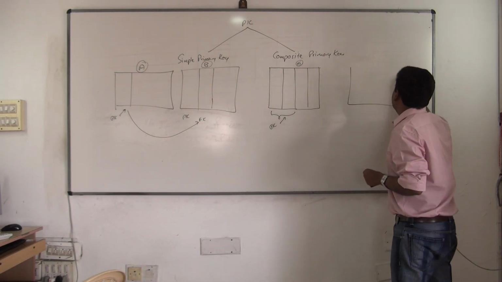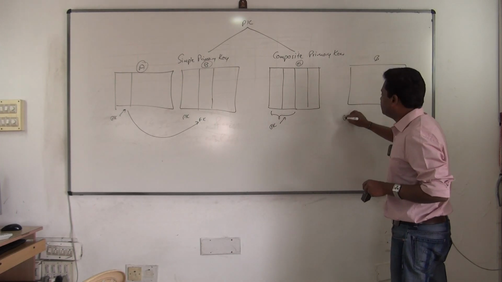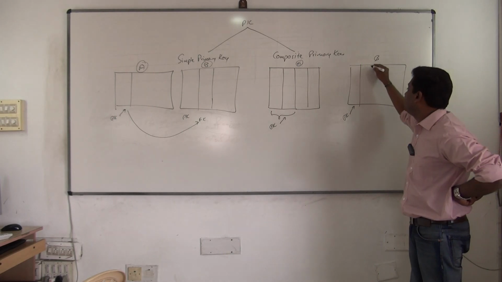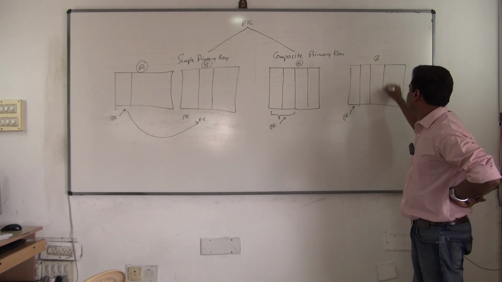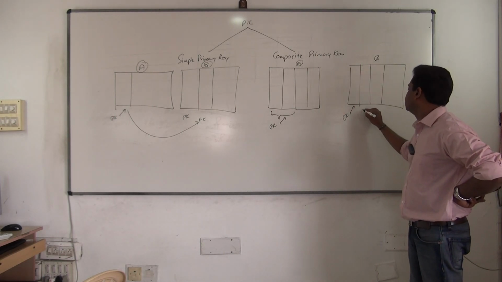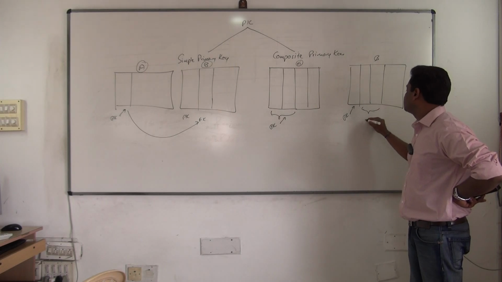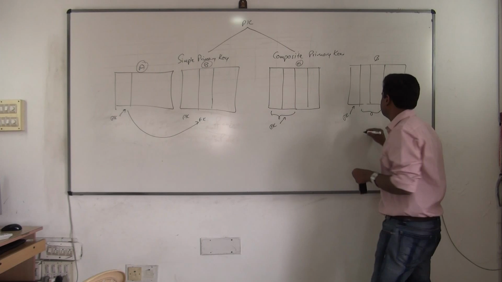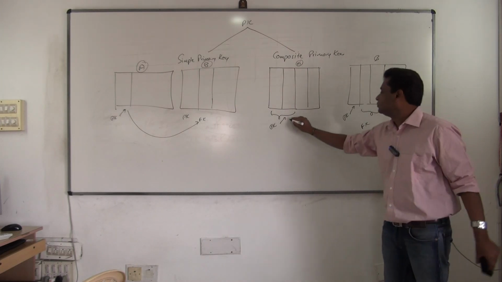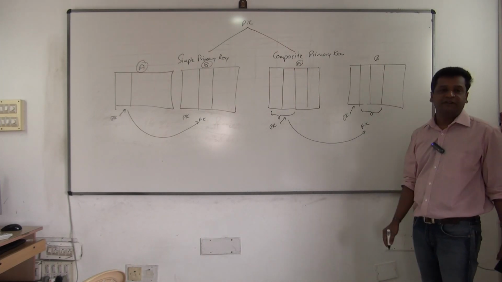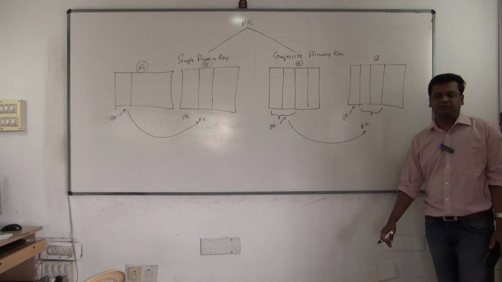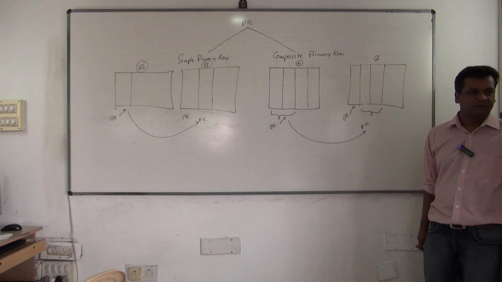In B table it will have its own primary key. But the foreign key will be both these columns, you use them as foreign key. That's it. So this is an example for composite primary key. It's very rarely used. Just understand the concept.